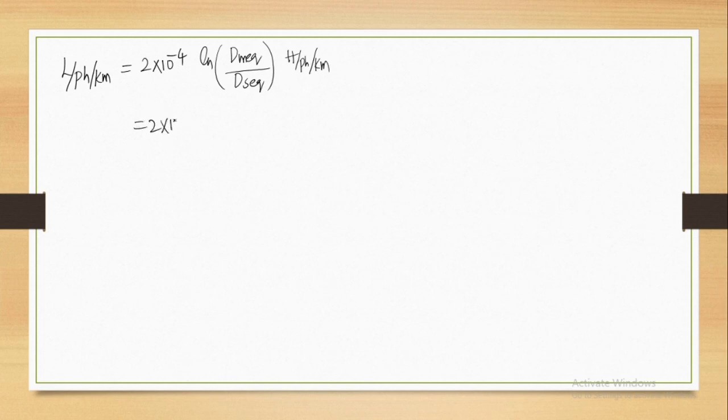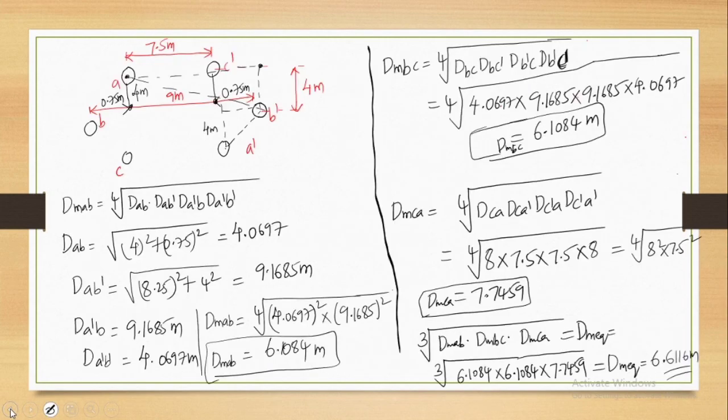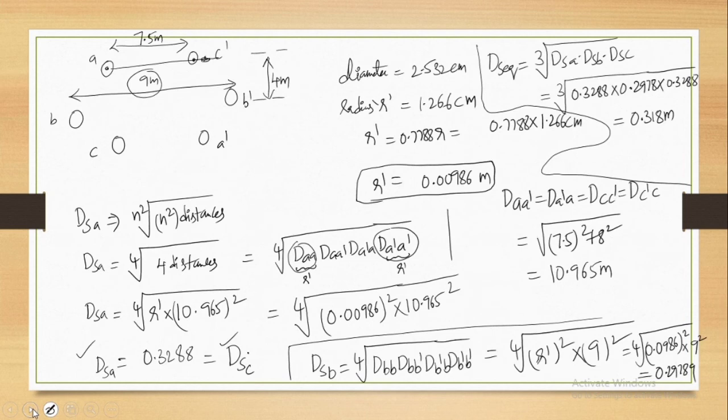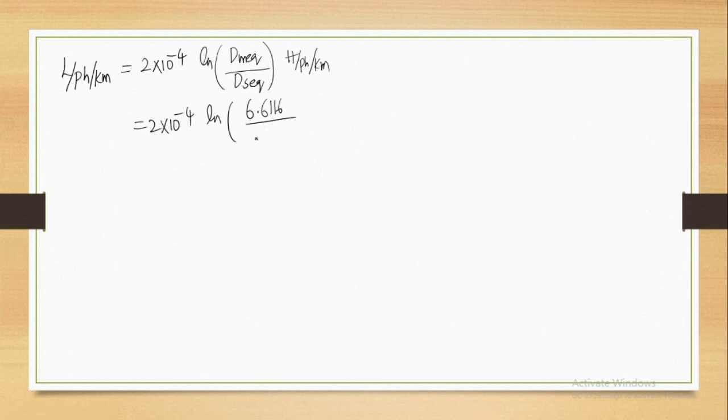It is equal to 2 into 10 power minus 4 into ln of 6.6116. Is it right? What we got? dm equivalent is 6.6116 and ds equivalent is 0.318 Henry per phase per kilometer.